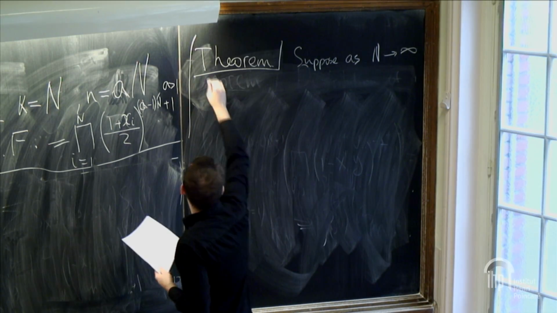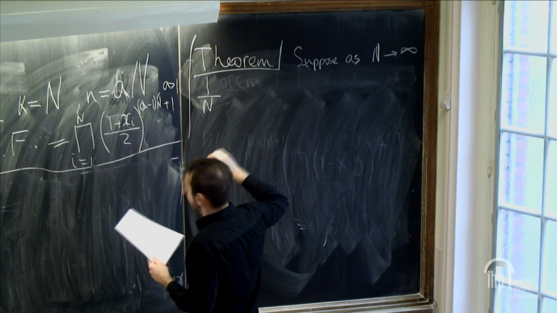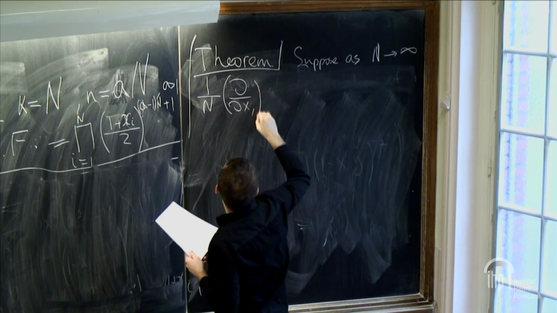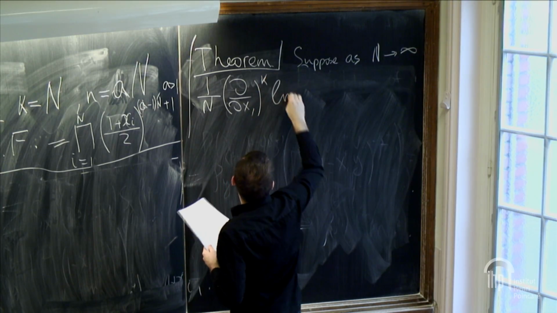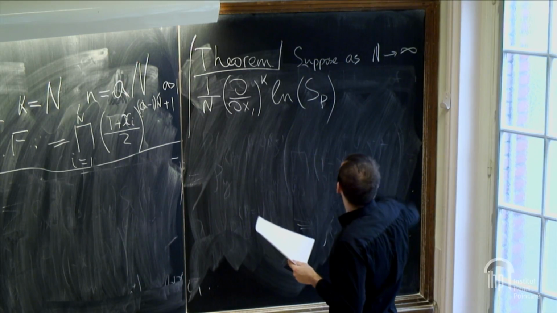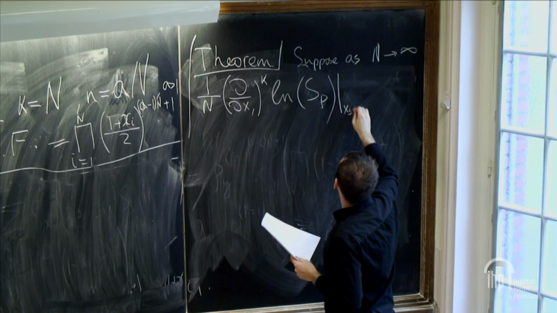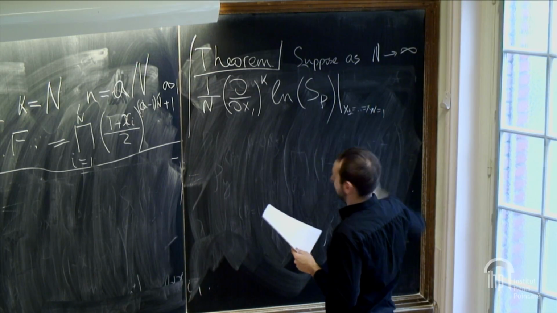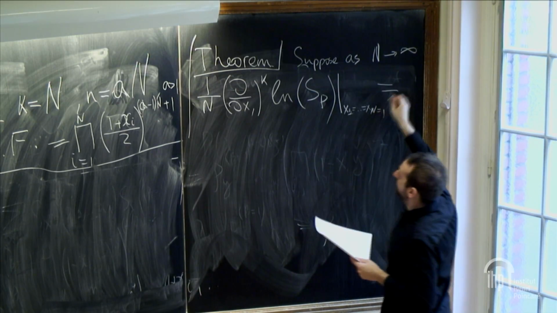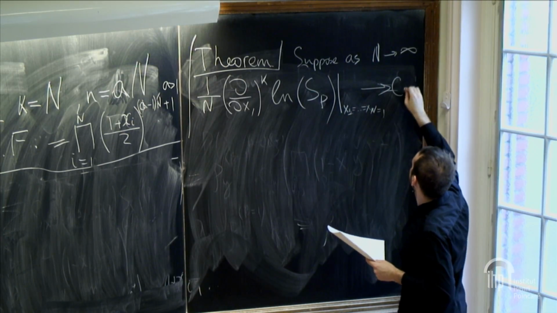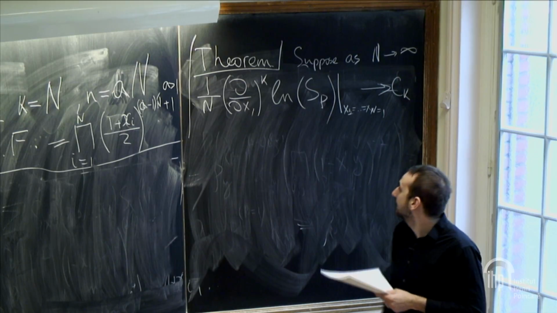Namely, you know that 1 over n times d/dx1 to the k of the logarithm of your Schur generating function, evaluated at all x's equal to 1, converges to some constant ck. That's first.